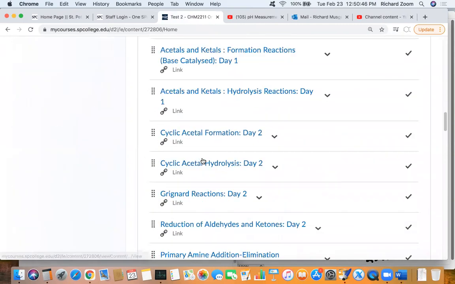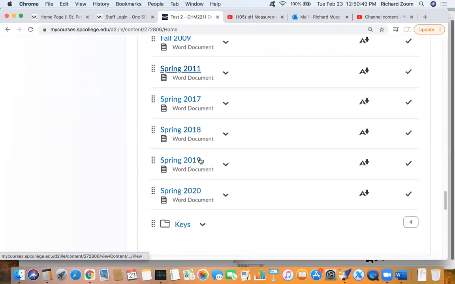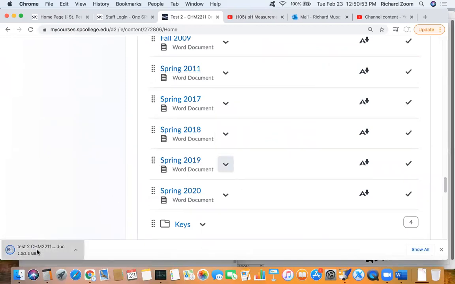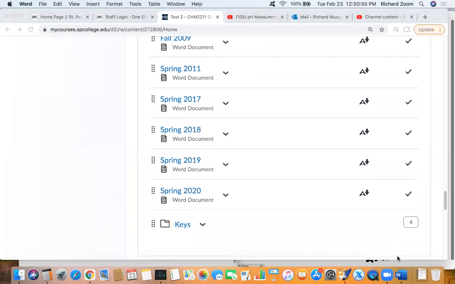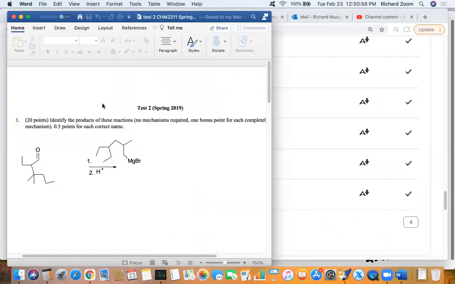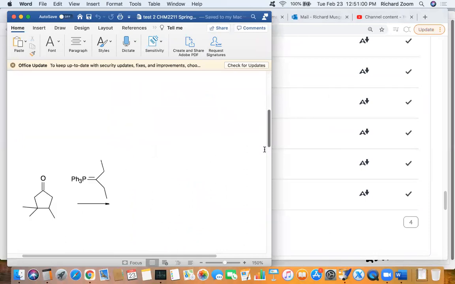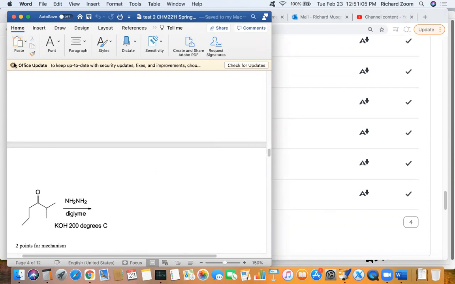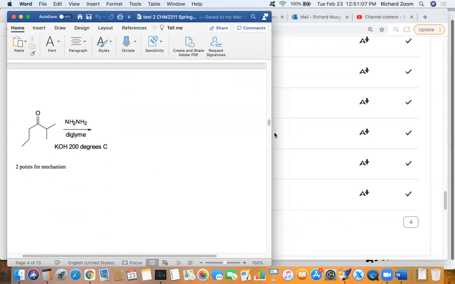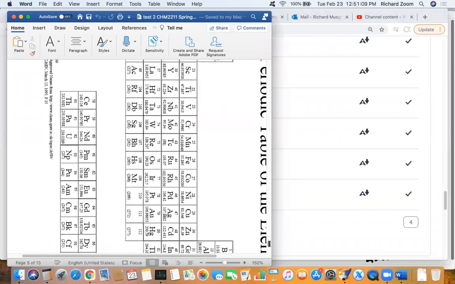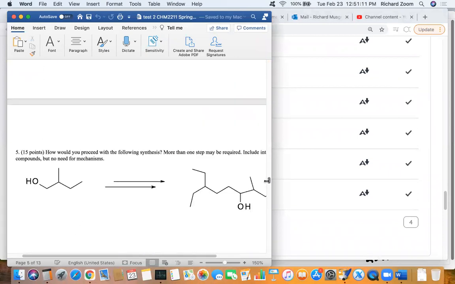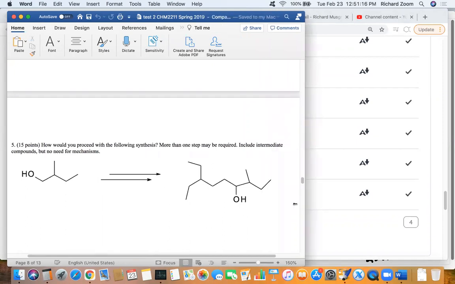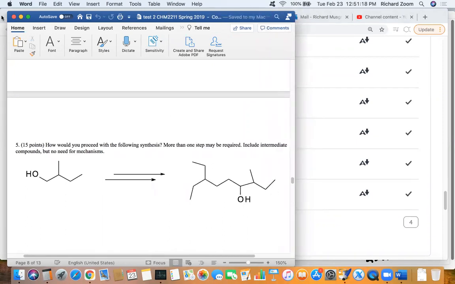All right, let's look at another example from another test here. And that one's pretty similar to the one we just did, so I won't do that one.